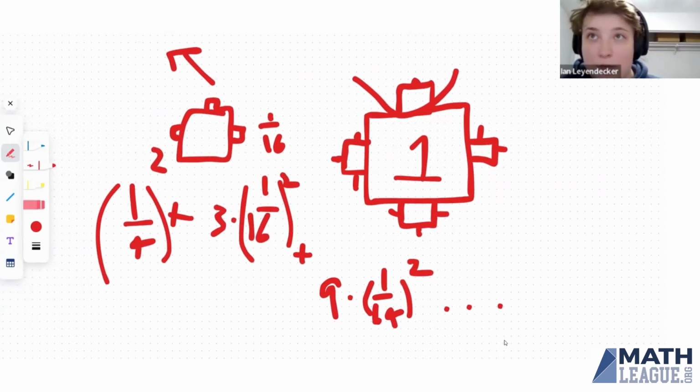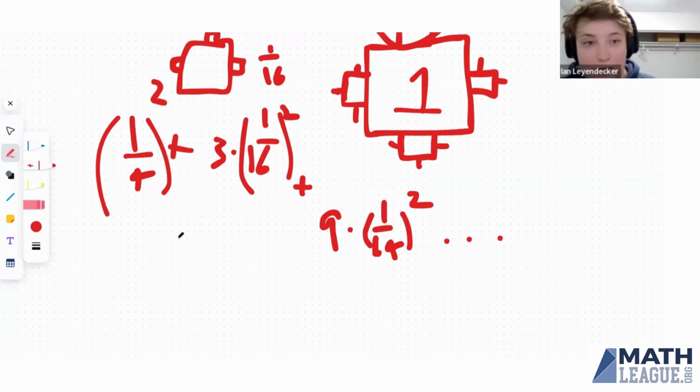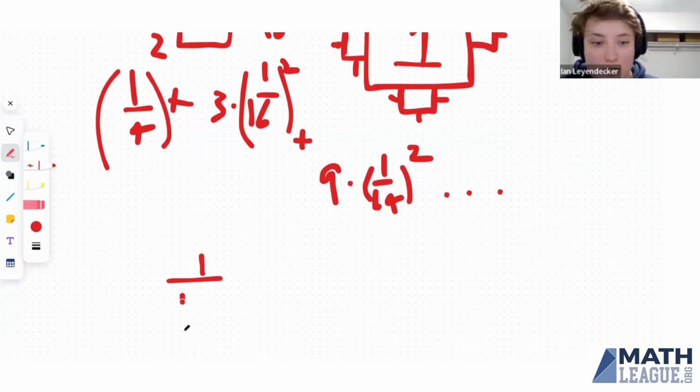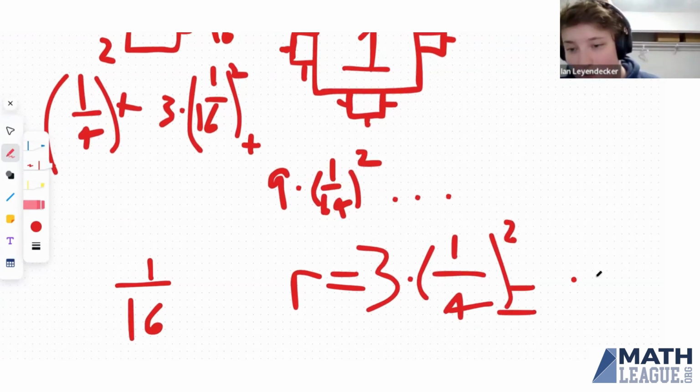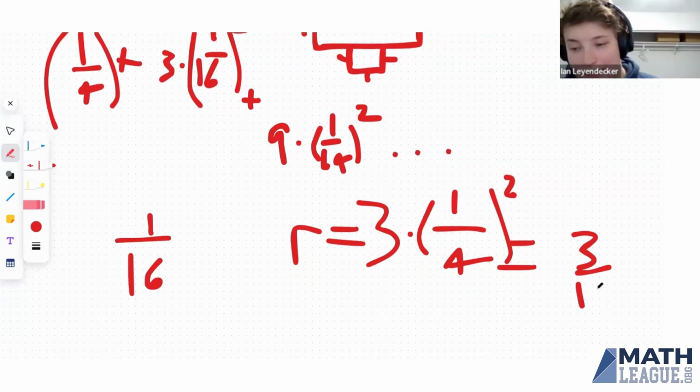And this comes out to be an infinite geometric series, starting with the first term 1/16, which is 1/4 squared, and with a common ratio of 3 times 1/4 squared, or 3/16.